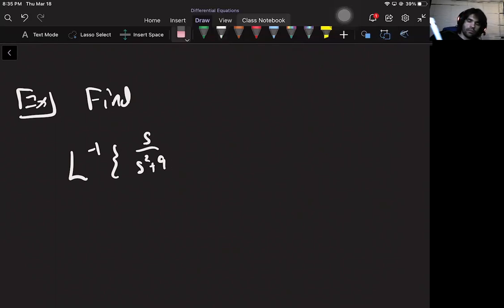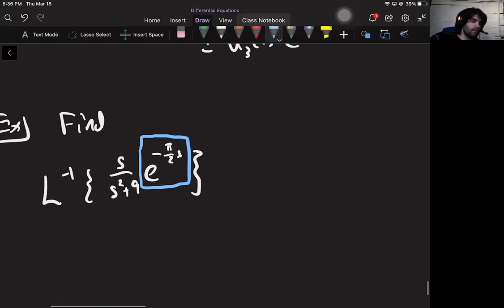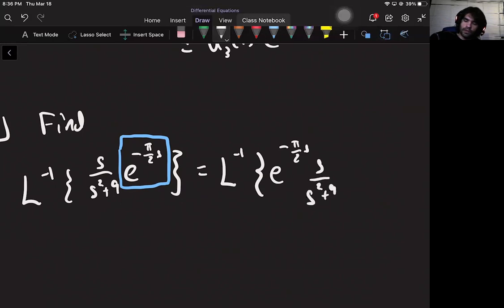Oops. Gotta have my e in there. So again, the idea is if you spot an exponential to the power of negative something times s, you should immediately be thinking that we're in this unit step function section. And then let's write it in the front, just because that's how we're used to the formula. s over s squared plus 9 is the rest of it.